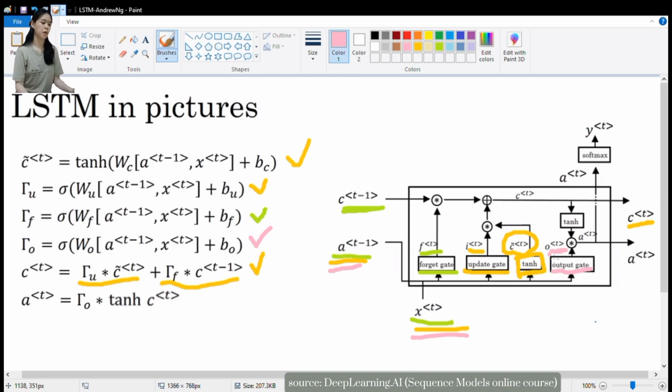And then what do we multiply it with? We multiply it with the C t, the memory cell of the current time step. So the memory cell of the current time step would be put into the tanh function, and the result of that would be multiplied with the output constant to get a t. So it's the last equation on the left side.